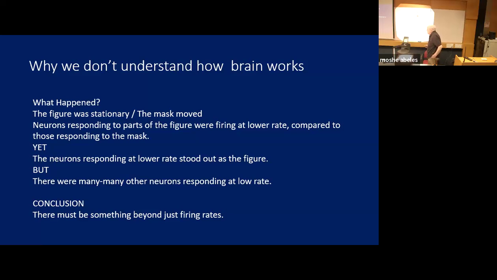Yet the neurons responding at lower rate generated a figure. But there were many, many other neurons responding at low rate. They were not affecting the perception of this figure. The conclusion is that there must be something beyond just firing rate. It can't be just firing rate.